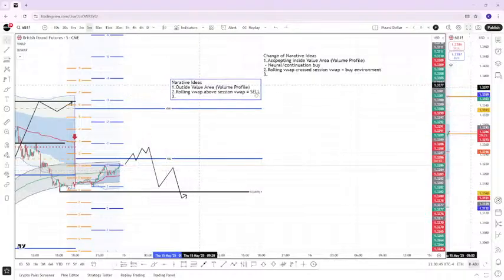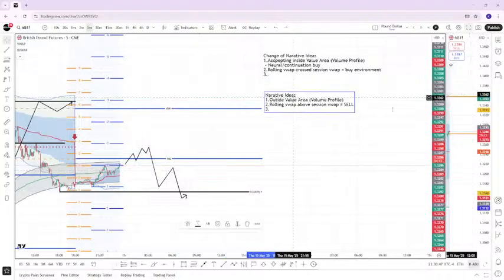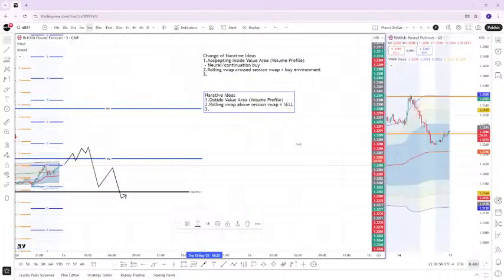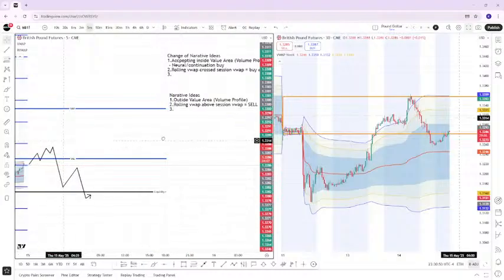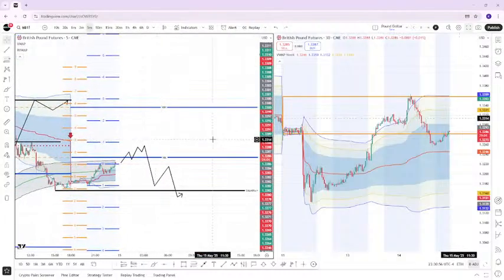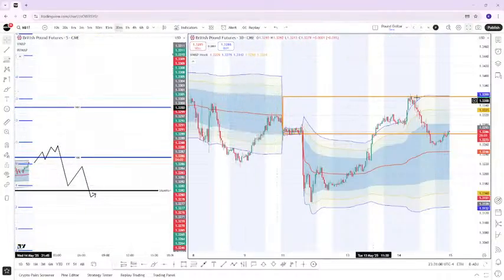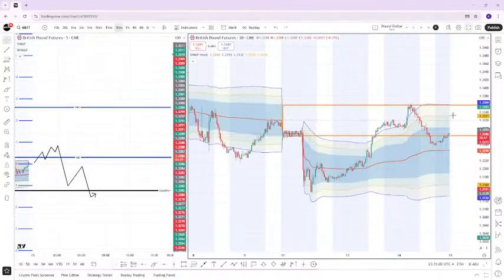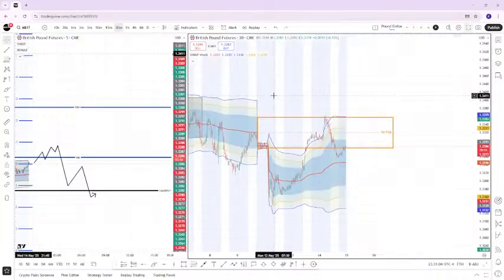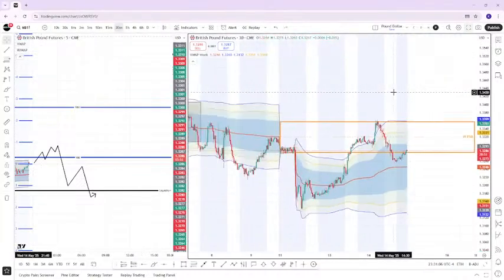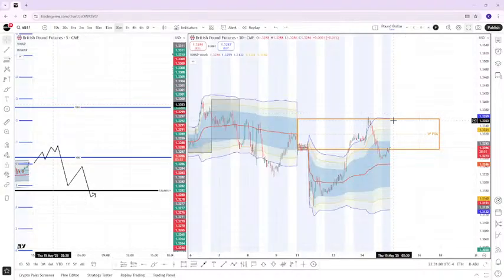We have more narrative ideas, but I'm just gonna go through that quickly. This is weekly view up, 30-minute chart. Move that over. That's the previous value area.